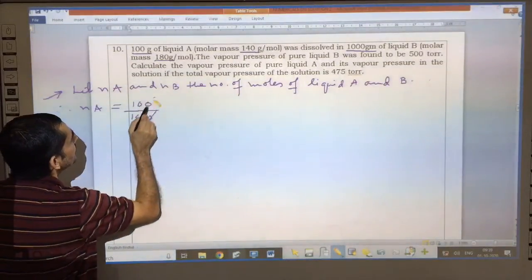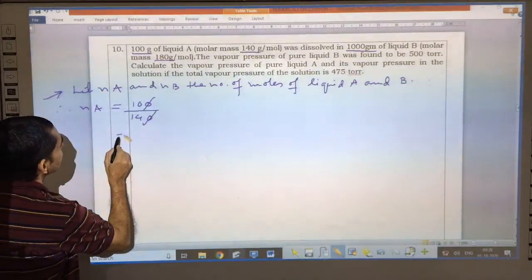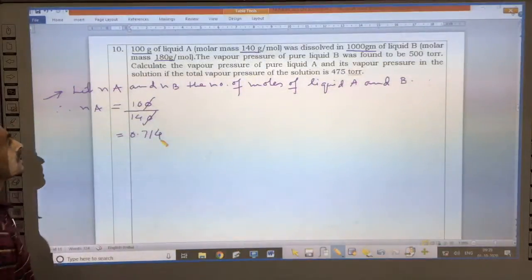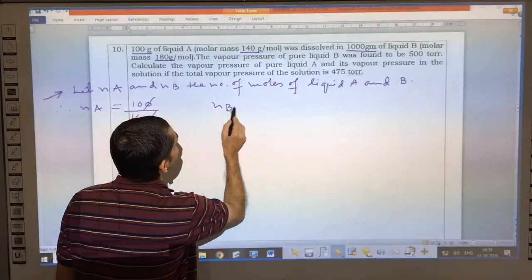You solve it. What is the number of moles? 100 upon 140, that is 0.714. The number of moles is 0.714. Clear?